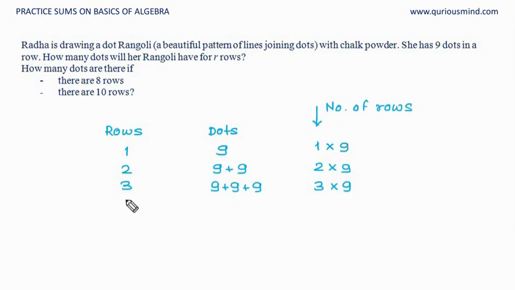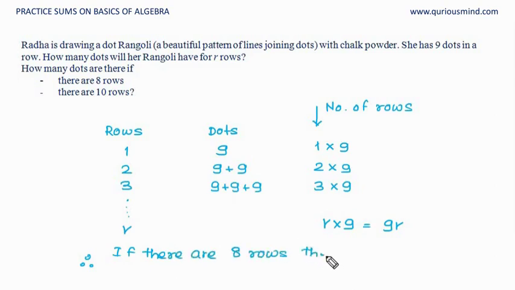And so in case she has R rows, then she will have R multiplied by 9 dots, which is represented as number first and then the letter, without the multiplication sign, 9R. So we have a rule that she will have 9R dots.